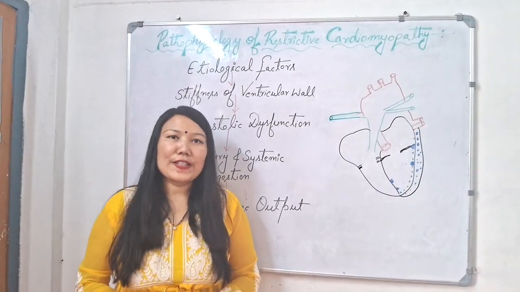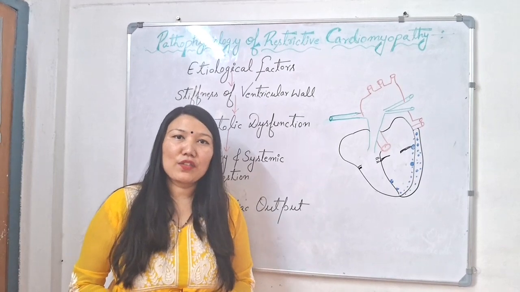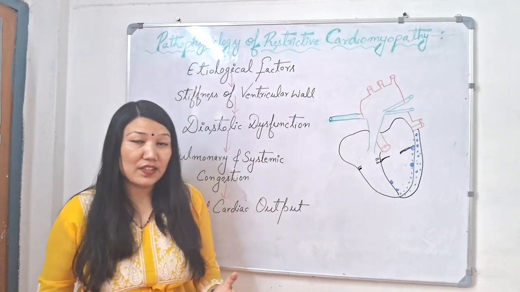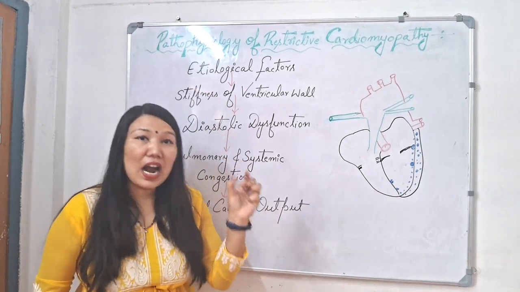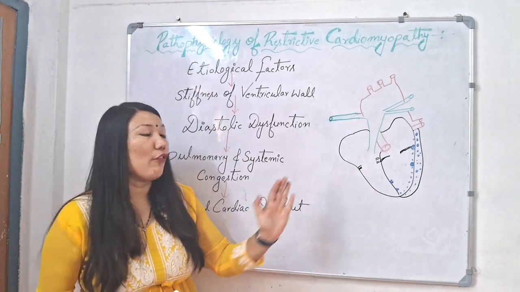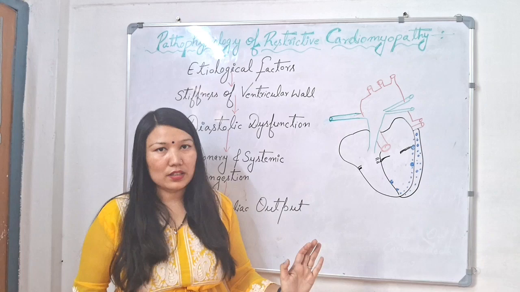So next we are going to discuss the pathophysiology of restrictive cardiomyopathy. As the name suggests, restrictive cardiomyopathy means there is some hardness, some stiffness in the ventricles or in the chambers of the heart.